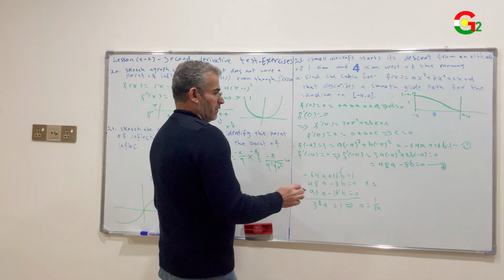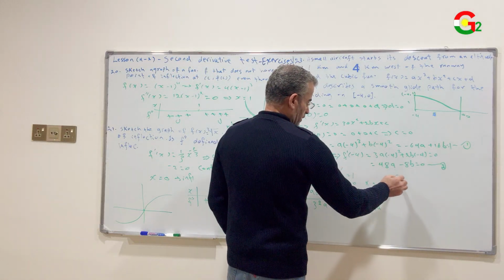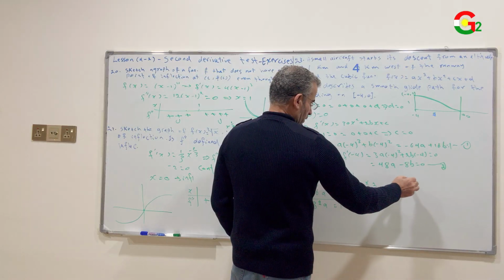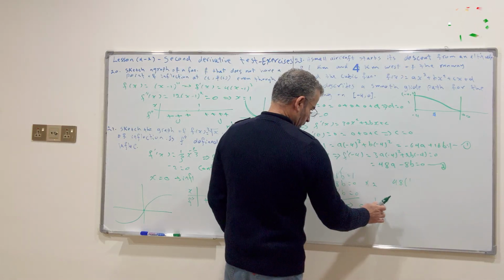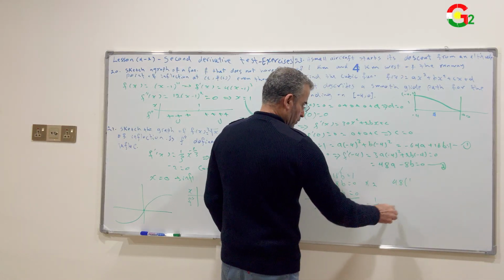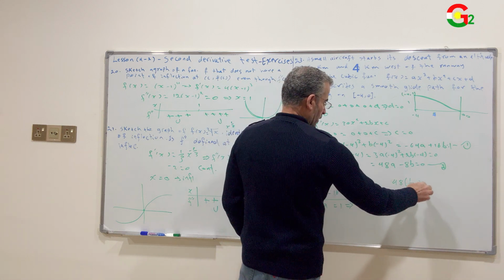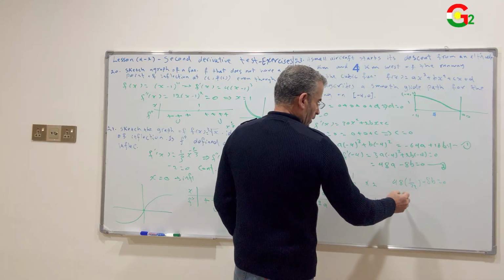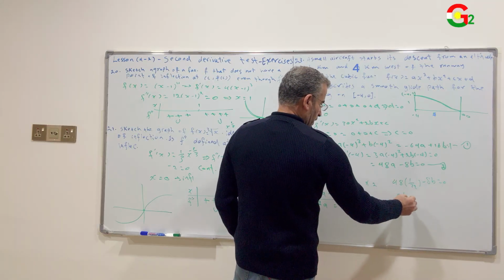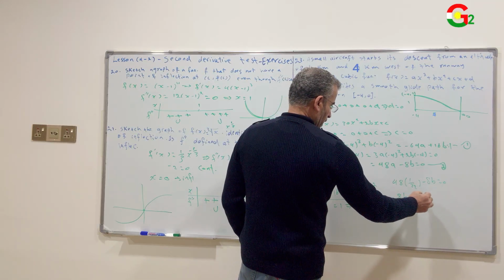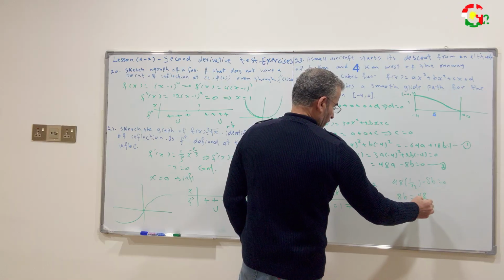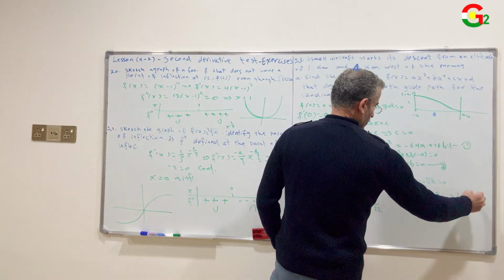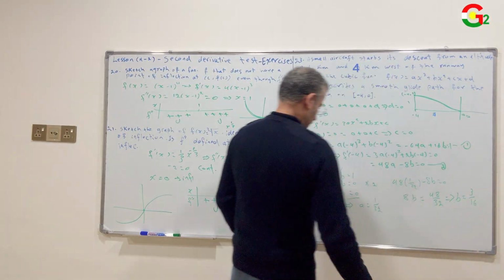Substitute the value of a in the second equation to find the value of b. 48 times 1 over 32 minus 8b equals 0. Then 8b equals 48 over 32, so b equals 3 over 16.